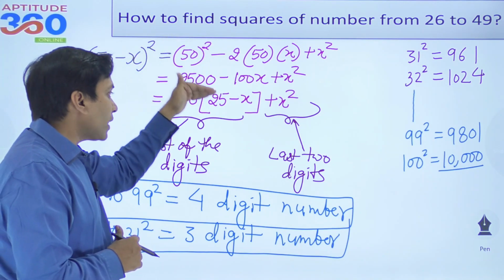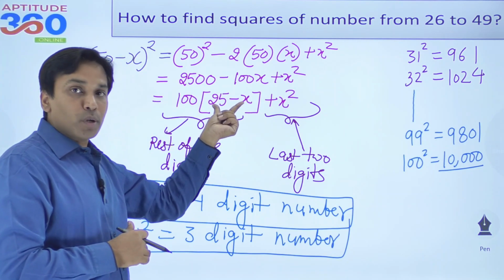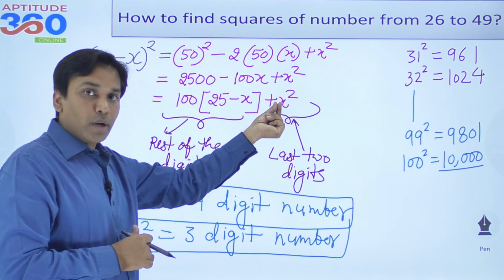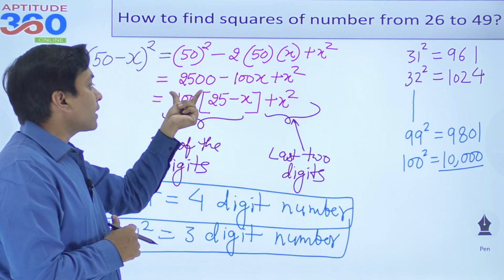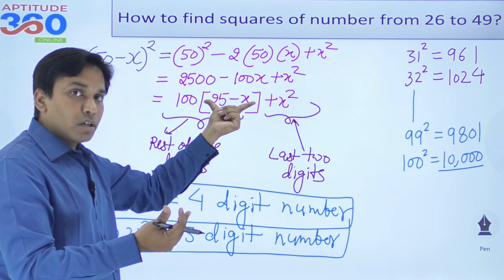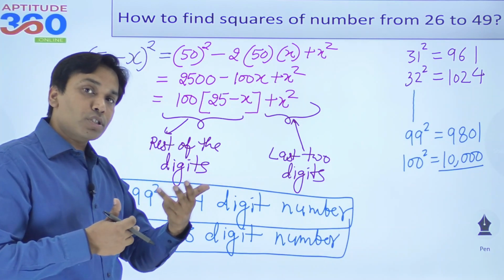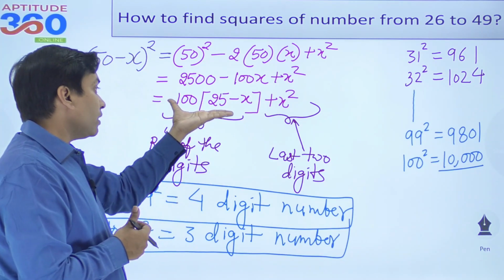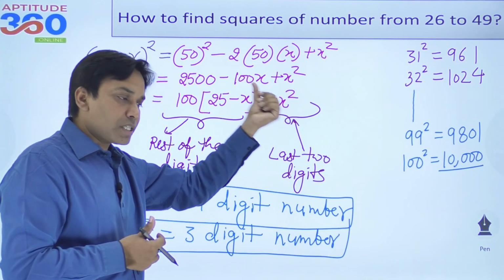And if we do that, this is what we are getting: 100 times (25 negative x) plus x square. And my proposition was, if 100 gets multiplied with a number, the last two digits will be 00. Hence, we will not be able to find out the last two digits of the square of the number from here. So which number will be giving us the last two digits? X square will be giving the last two digits.